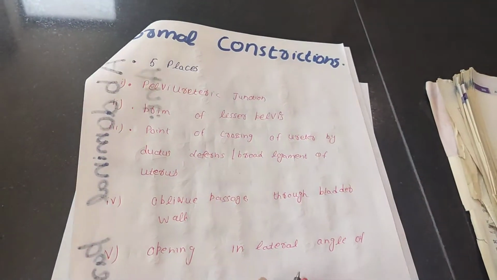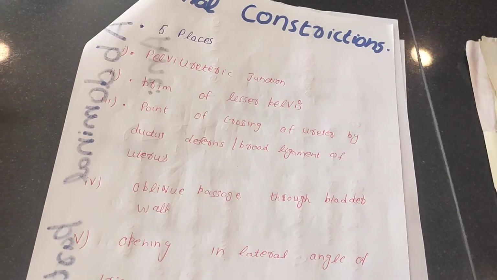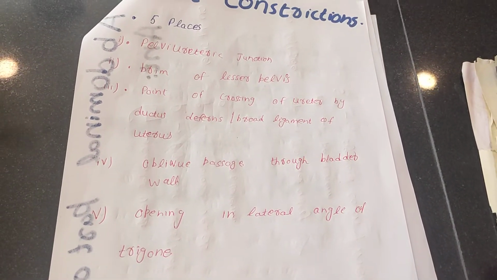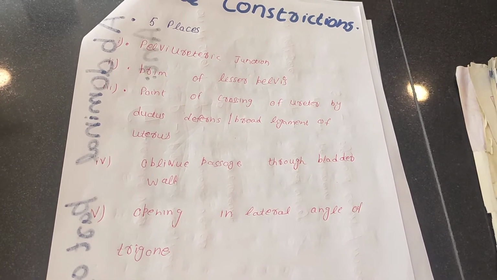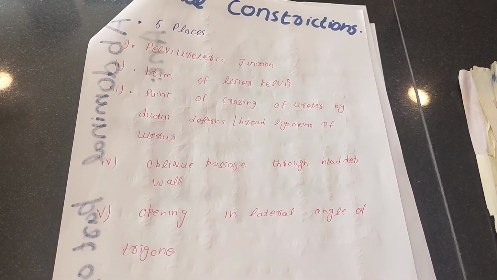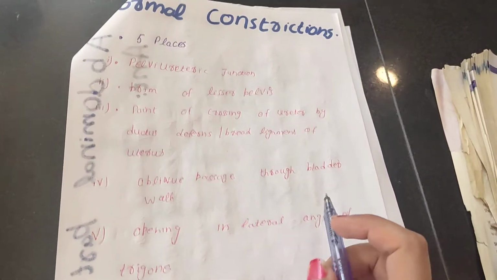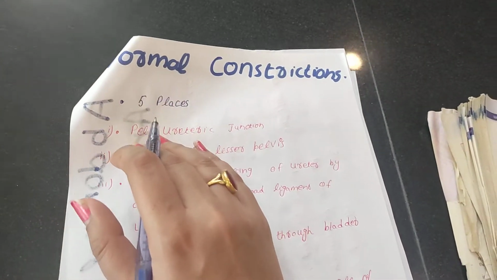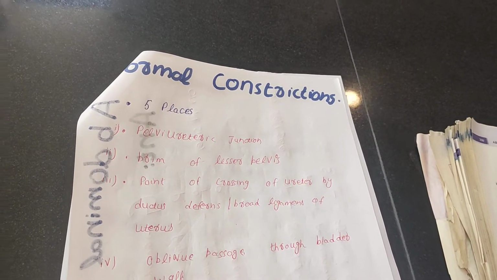After the course of the ureter, you need to know there are 5 normal constrictions, which are very, very important. They are asked almost every year, otherwise every alternate year. This is a 2.5 SEQ. So they ask: give the normal constrictions of the ureter. What is meant by normal constrictions of the ureter?